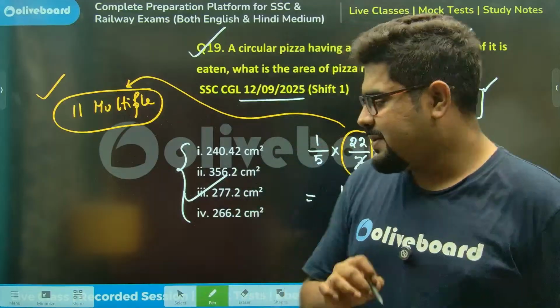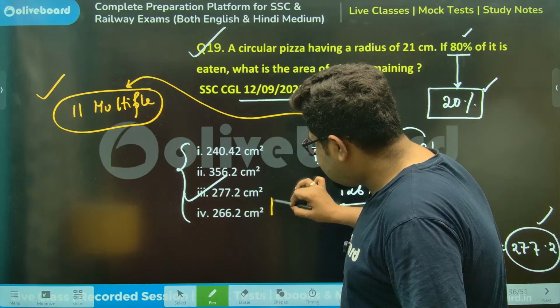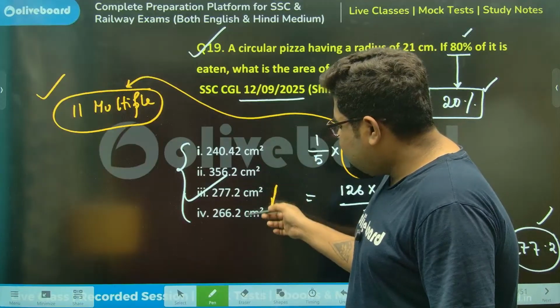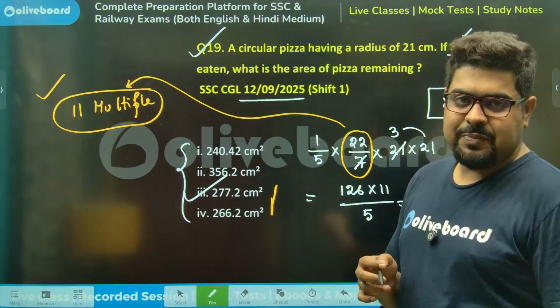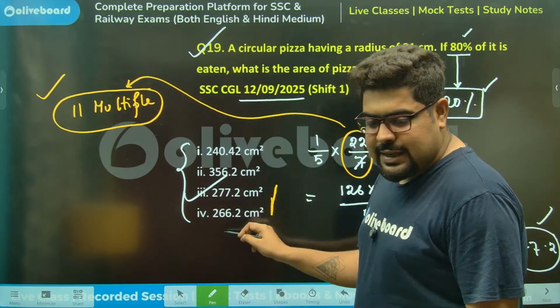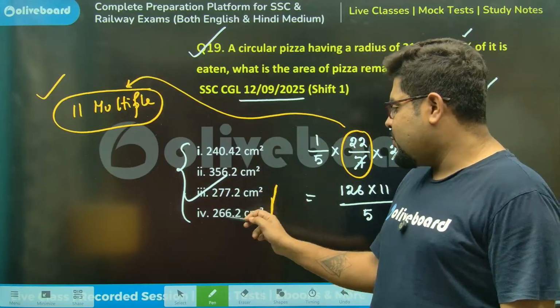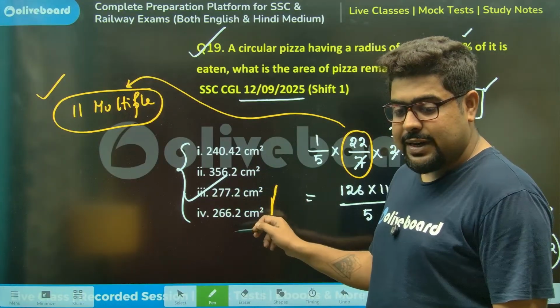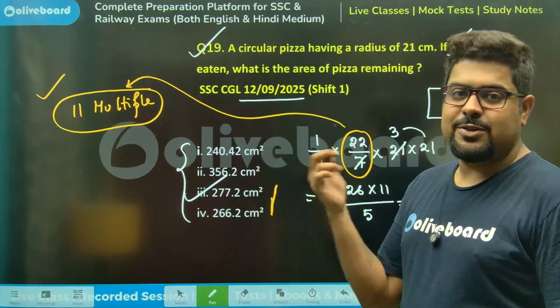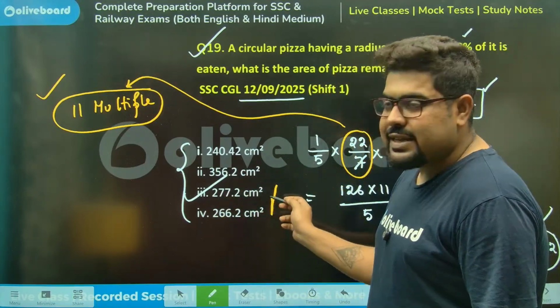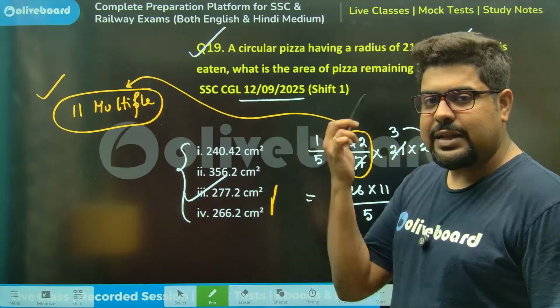In the last two options, I've not checked whether the first two are going or not. Both of the last two are multiples of 11. Whenever the options are like this, 2, 6, 6, 2, it's a multiple of 11. Why? 2 minus 6 is minus 4, 6 minus 2 is plus 4. The sum is 0, so it is also a multiple of 11. Same for 2772: 2 plus 5 minus 5 is 0.